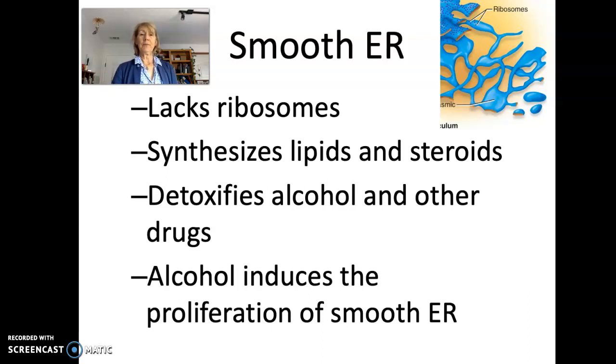What else? The smooth ER detoxifies in cells. It detoxifies alcohol and other drugs. And it's interesting to know that for an individual that is consuming vast quantities of alcohol, their smooth ER is going to be very present. They can have greater quantity of ER to try and solve that problem of detoxifying the alcohol.